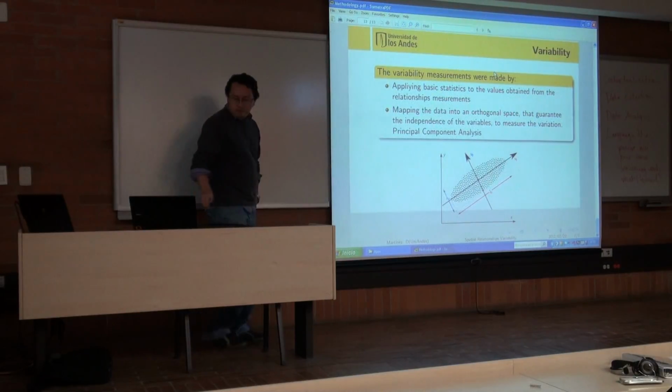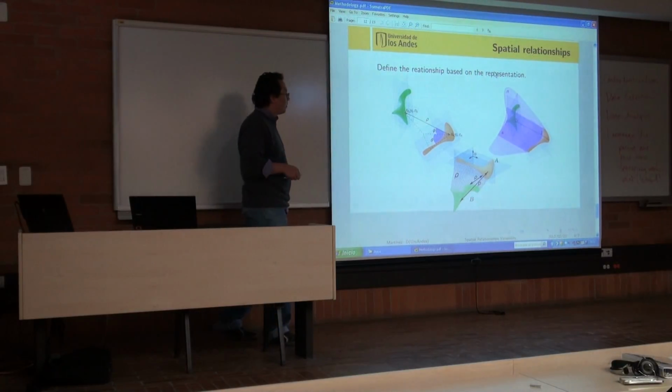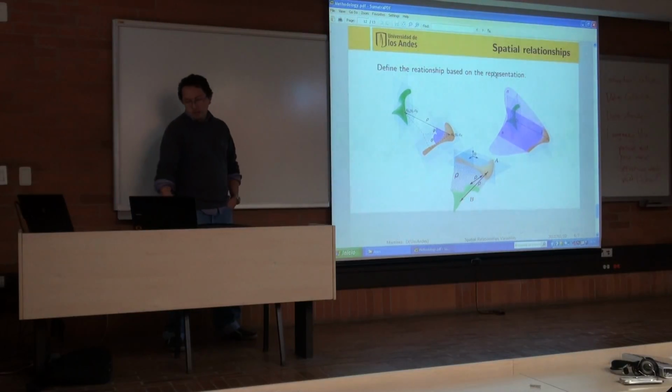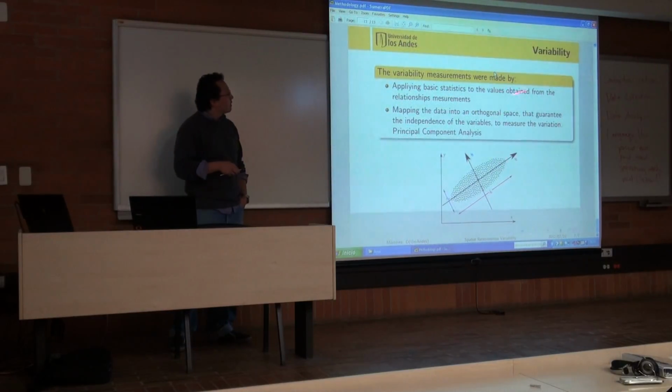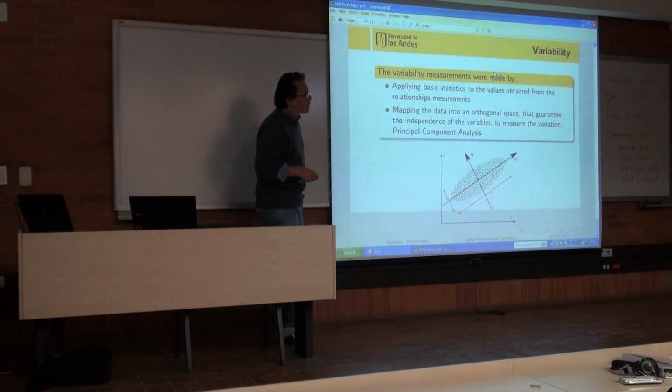Then, if we have, for example, this representation, we have only a single value of distance for each subject. Then we can apply just basic statistics, like mean and standard deviation, to see what is the variation.